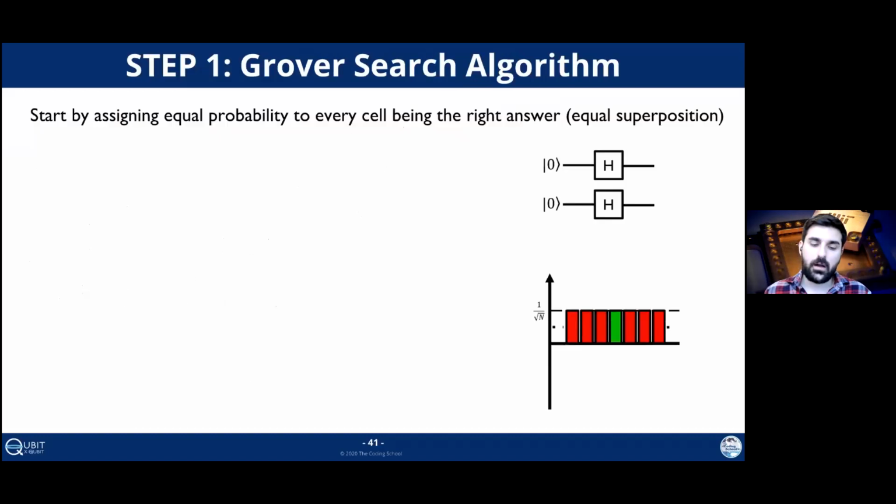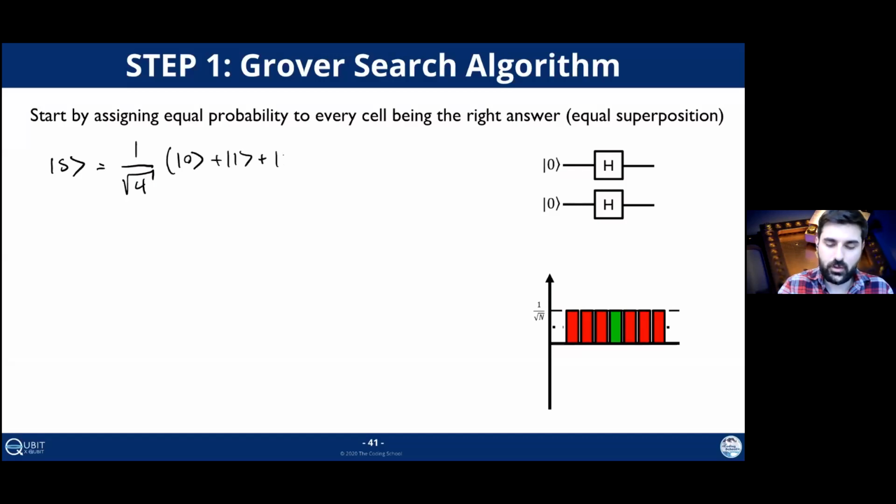So we start by assigning equal probability to every state being the correct answer. I'm going to call this initial state the s state. My total number of elements is 4, so I'm going to have 1 divided by square root of 4, times 0 plus 1 plus 2 plus 3.